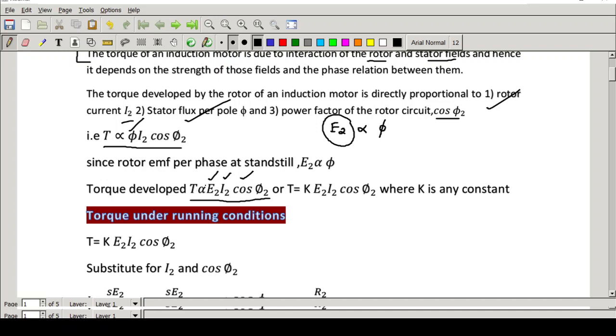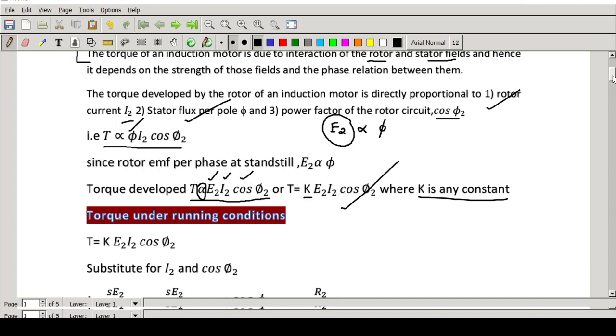Now, removing the proportionality, we can replace it by a constant K. So, K is a constant. This is the expression for the rotor torque in the case of a three-phase induction motor, which is proportional to current, EMF and the power factor.